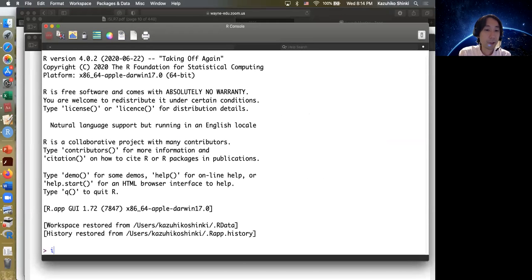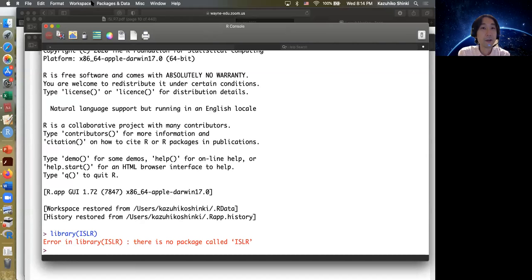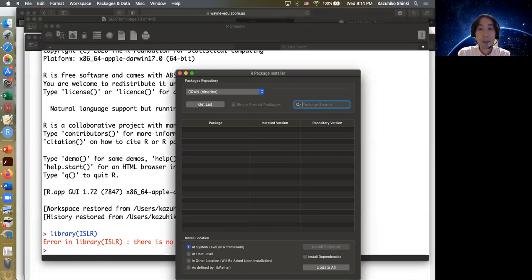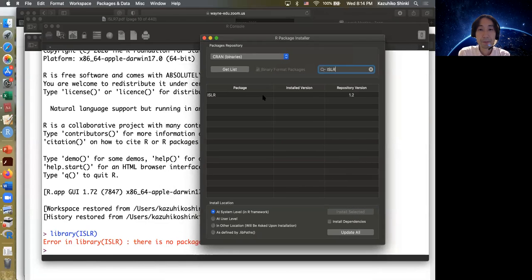At first we call library ISLR, but there's no package. So we have to install the package ISLR, get the list, and install dependencies.